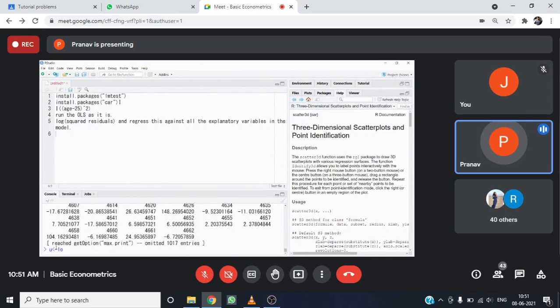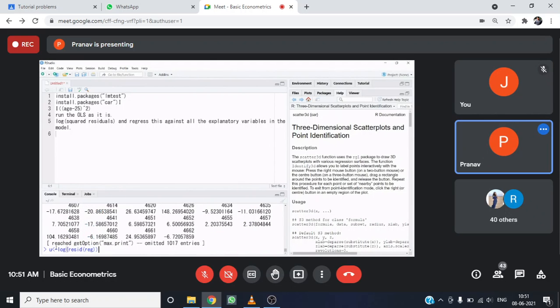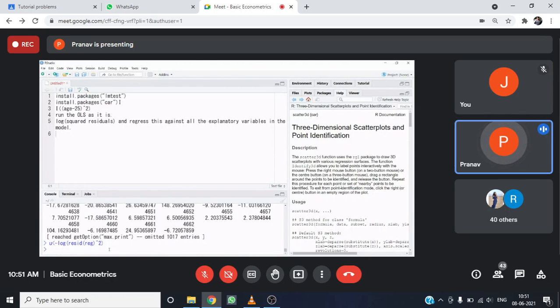So what I do is log of resid of REG, the whole thing squared. Then I created a new variable, that is my log of the residual from the regression squared.